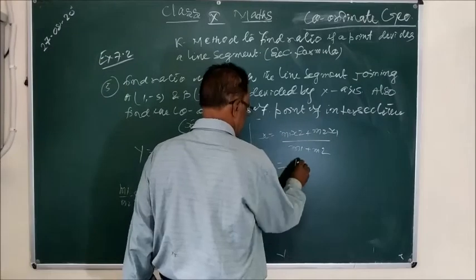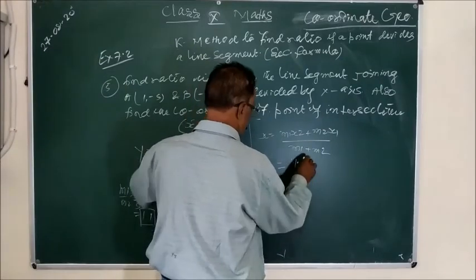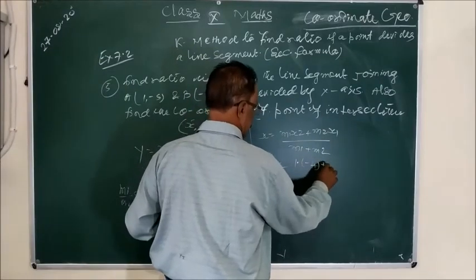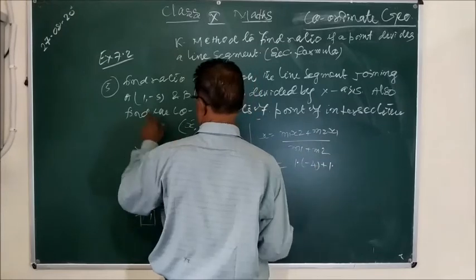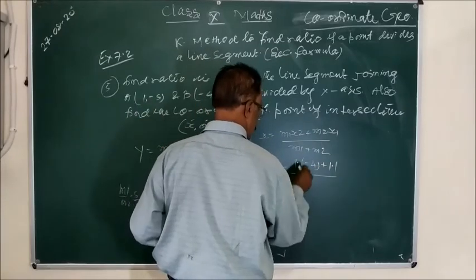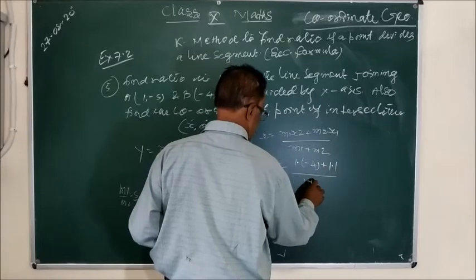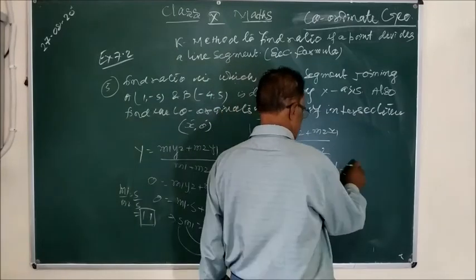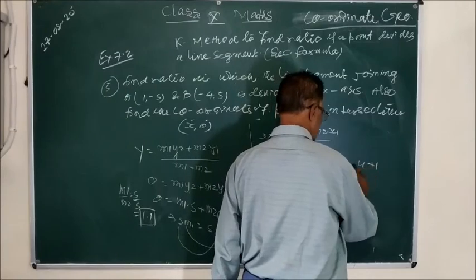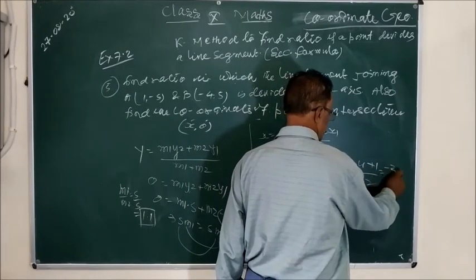Now 1 into x2 minus 4 plus 1 into x1 which is 1, upon m1 plus m2, 1 plus 1, 2. This will be minus 4 plus 1 upon 2, minus 3 by 2.